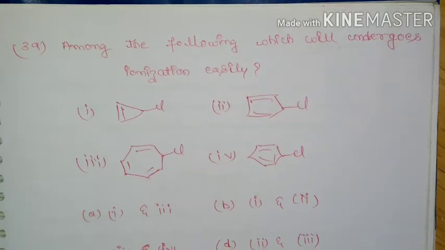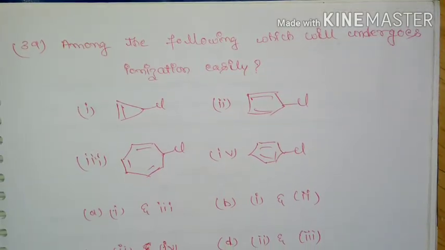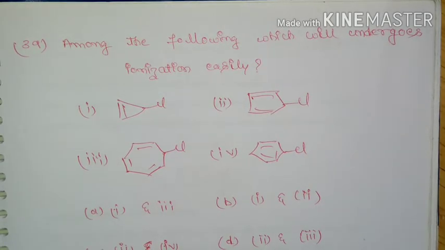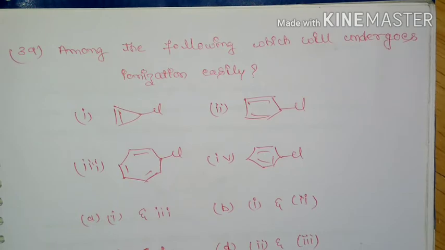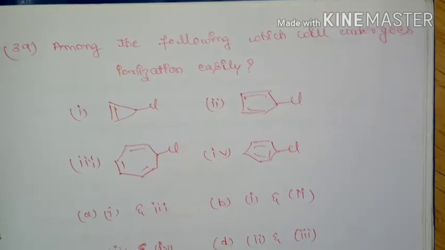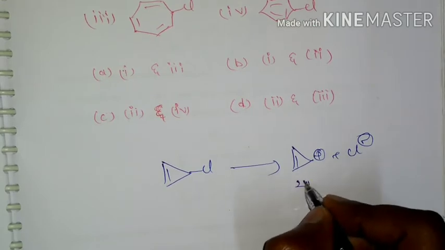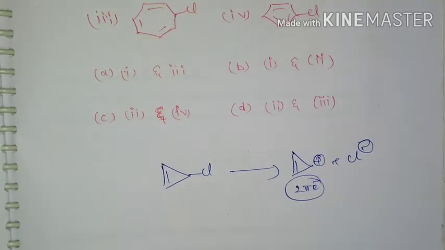So the next question is: among the following, which will undergo ionization easily? This is also based on aromaticity. If I ionize this one, I am going to get 2 pi electrons, and we have discussed in the previous question that it is aromatic.